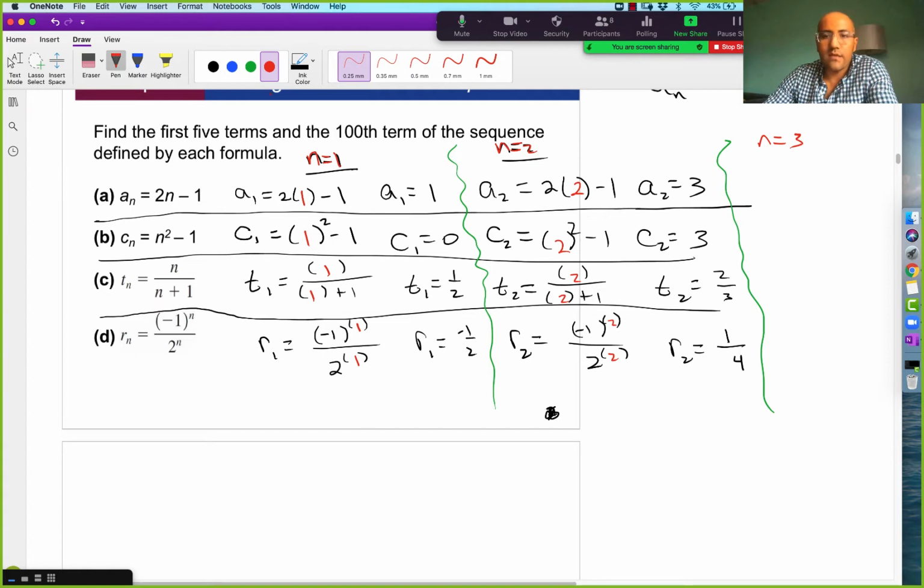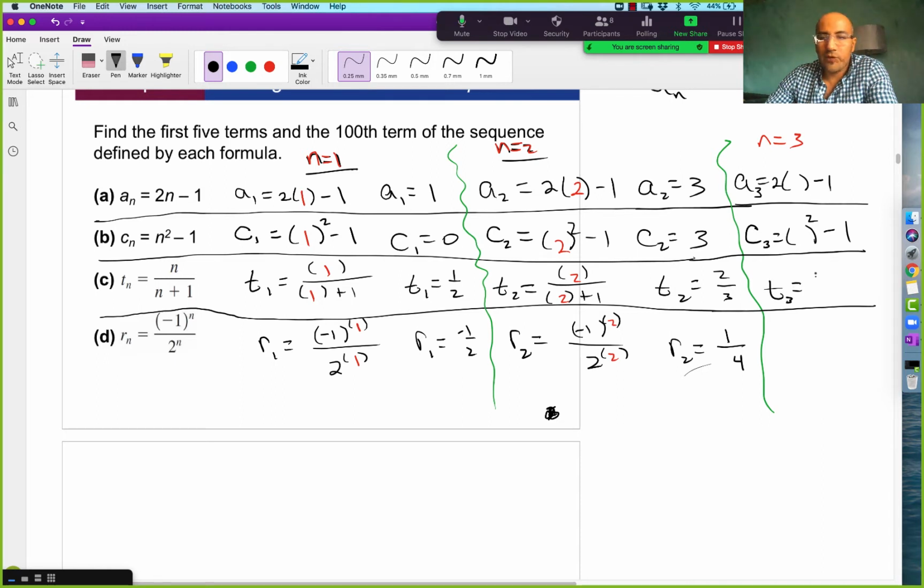So n equals 3. So we have a sub 3 equal to 2 times blank minus 1. c sub 3 is equal to blank squared minus 1, and t sub 3 is equal to blank over blank plus 1, and r sub 3 is equal to negative 1 to the power of blank all over 2 to the power of blank.